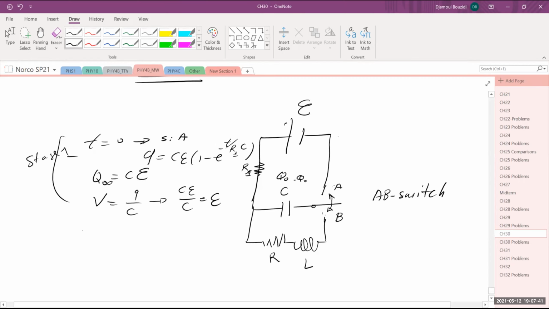At that point, we're going to throw the switch into position B and reset the clock, namely put t equal to 0 again. Hit the reset button, and at that point you have this circuit.